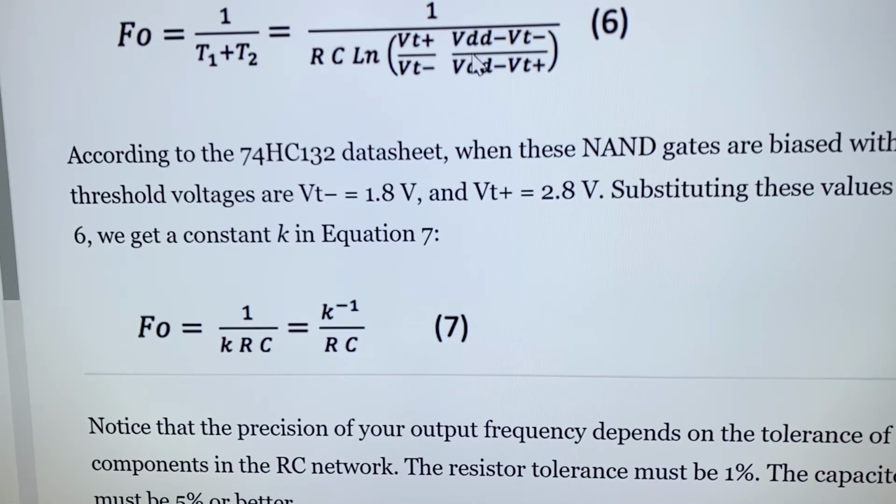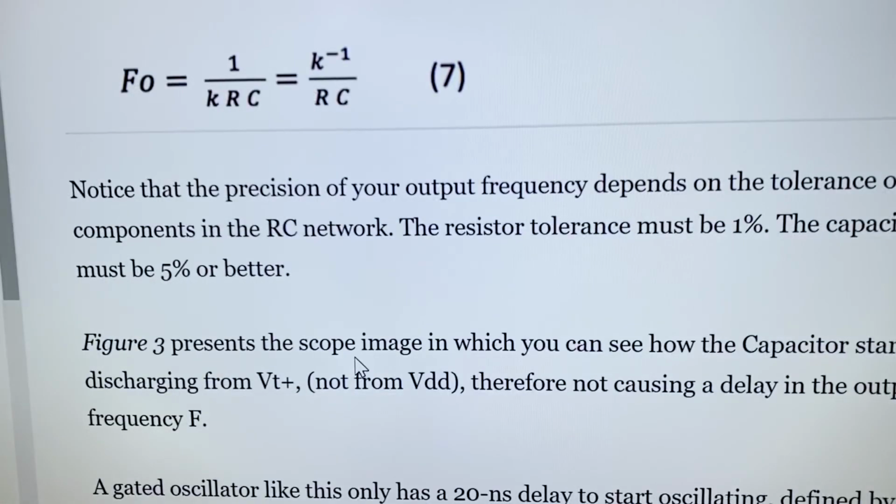Once we get these values, in this case 2.8, 1.8, 5 minus 1.8, 5 minus 2.8, you get a constant here, you get an ln, which is a constant k, and that constant k you can put on the numerator by applying the reciprocal and algebra rules.